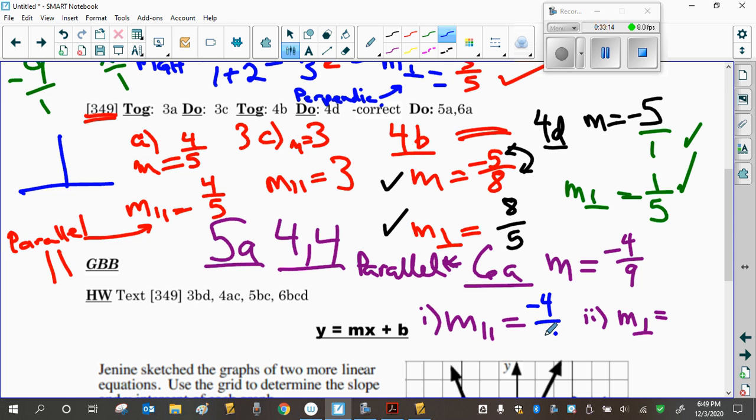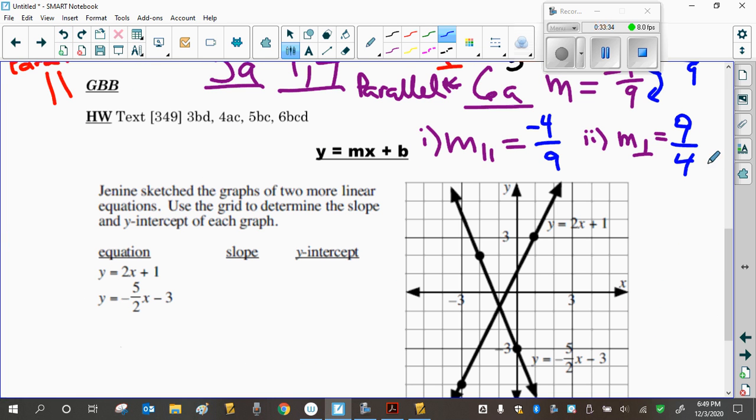Parallel slope is the same. Perpendicular slope, I wish this wasn't negative, but 9 over 4. And if this was 4/9, then this would have to be negative. But it's not. So the answer for this question is 9/4.